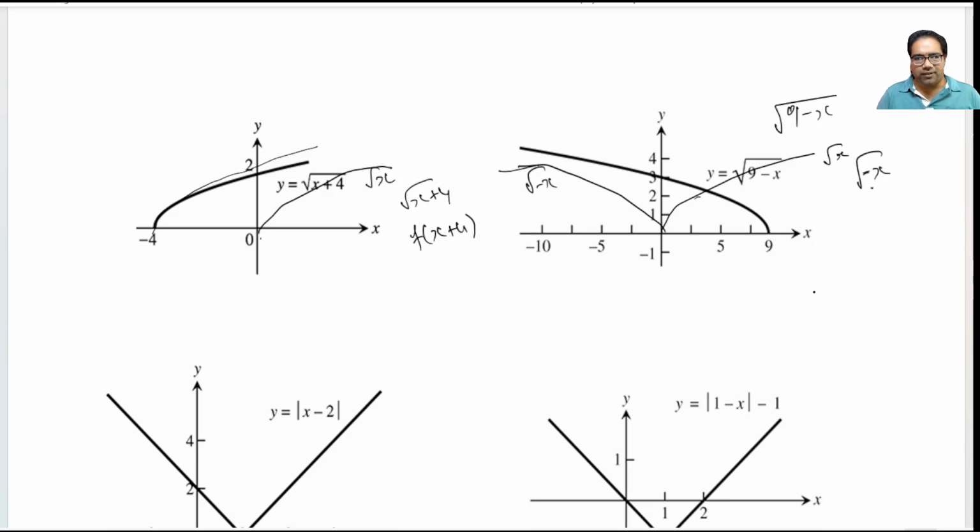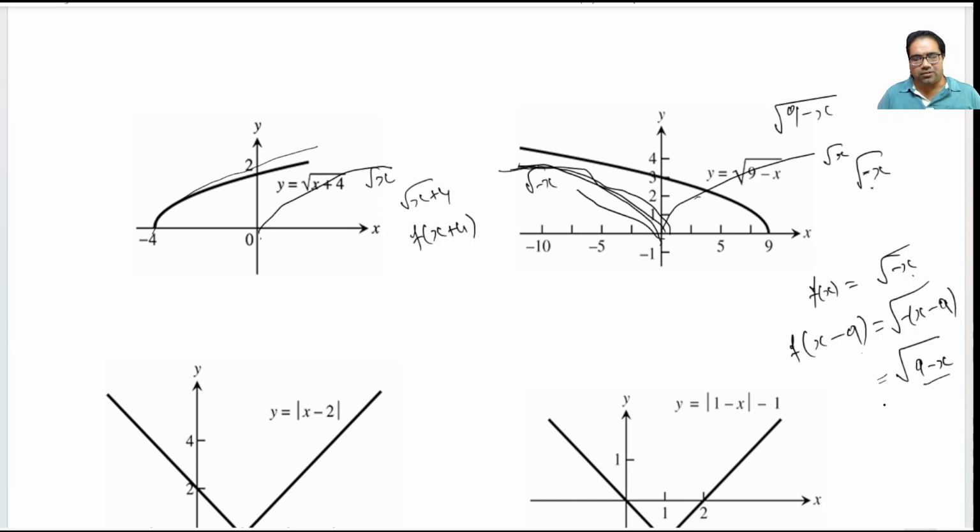Now, let's say f of x is equal to root of minus x. Then what is root of 9 minus x? It is f of x minus 9, equal to root of minus of x minus 9, which is equal to root of 9 minus x.